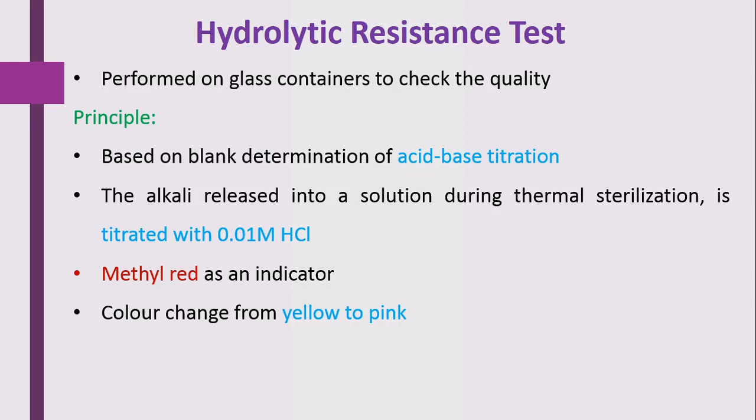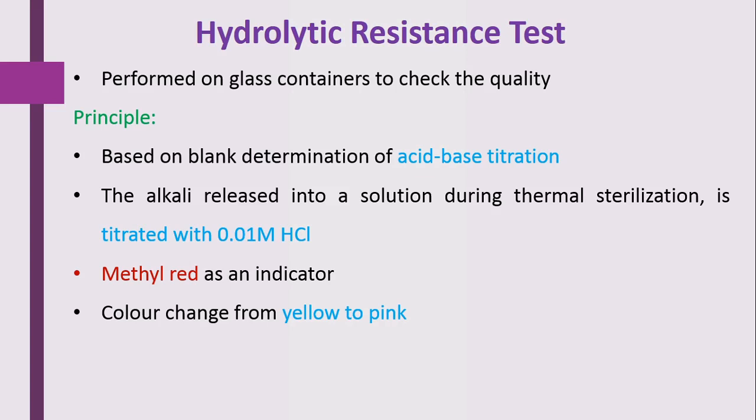The acid base titration is done on the test sample with the help of 0.01 molar hydrochloric acid, not the normal. So 0.01 molar hydrochloric acid, with 0.15 ml methyl red as an indicator.